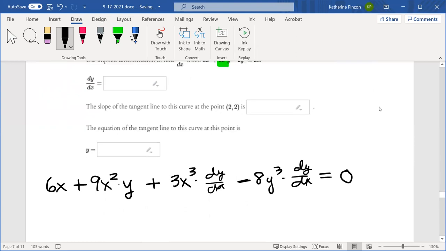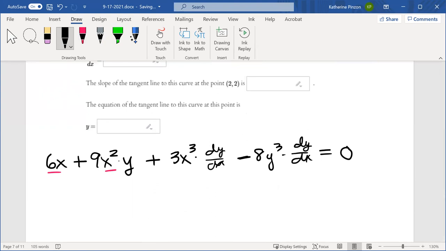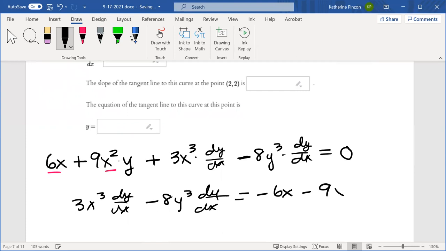Okay, I got to get dy dx on the left and non-dy dx on the right. So I'm going to move this guy and this guy to the right by subtracting them. So the left looks like 3x cubed dy dx minus 8y cubed dy dx equals negative 6x minus 9x squared y.